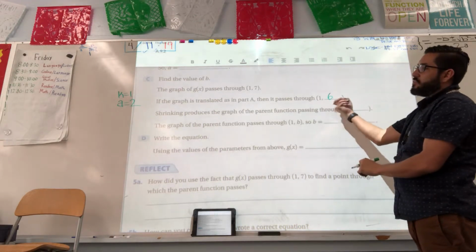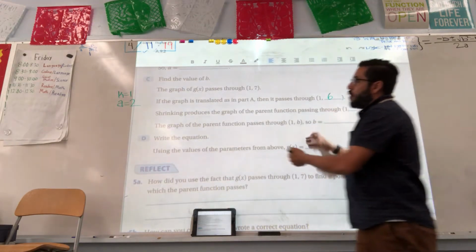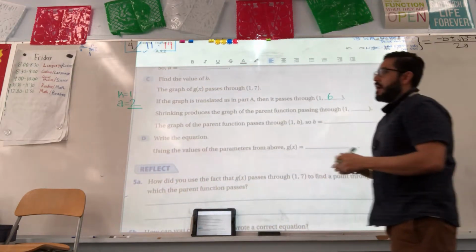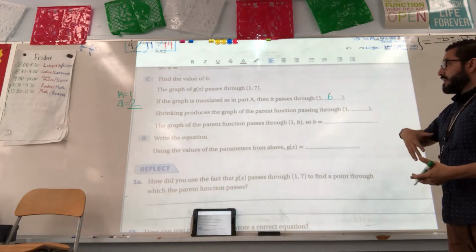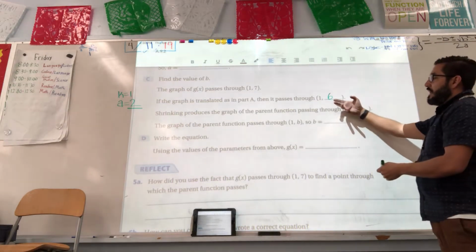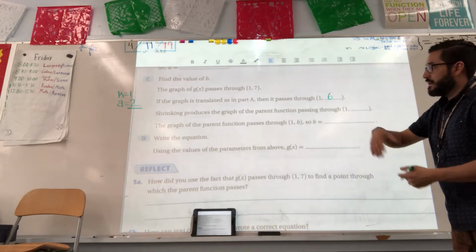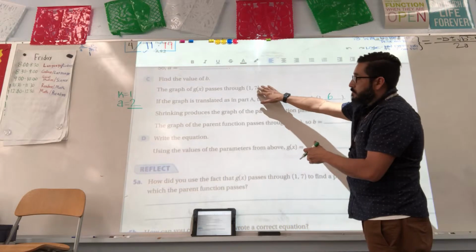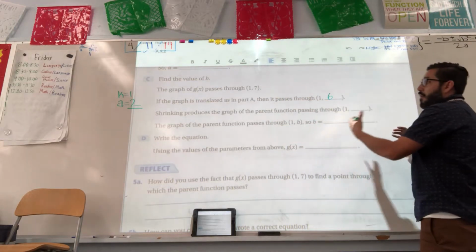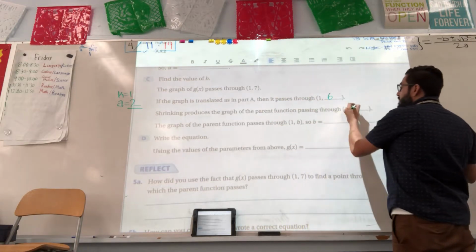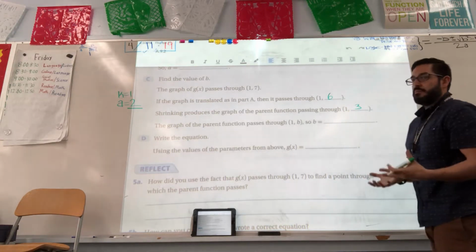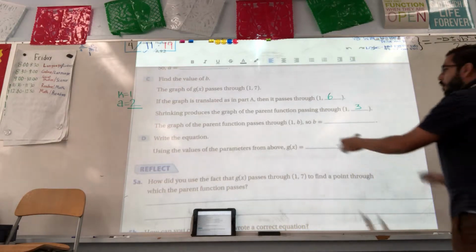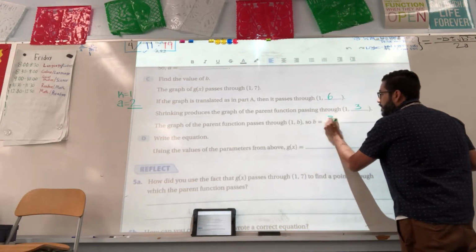Well, if I know it would pass through (1, 6), and I know that everything was stretched by a factor of 2, in order to shrink it we have to divide by 2. Because if we're multiplying b by 2 to get the points on the line, our parent function would pass through (1, 3), because it has not been multiplied by a factor of 2. So the graph of the parent function passes through (1, b), so b equals 3.